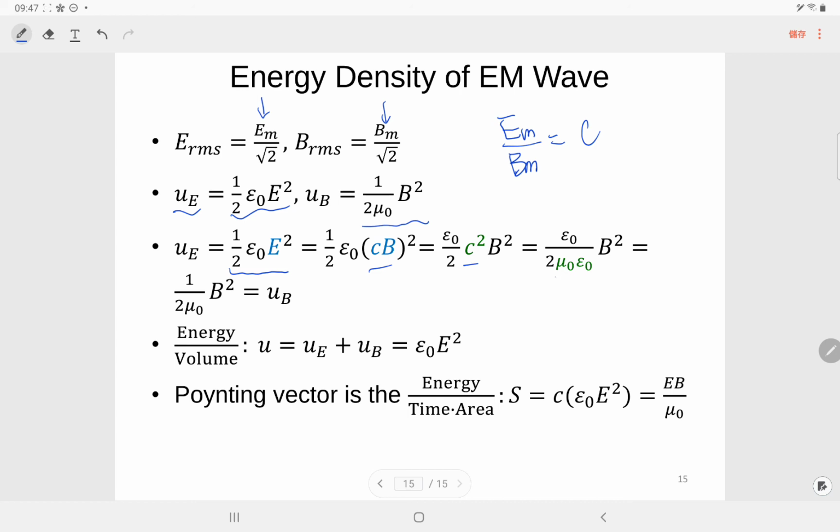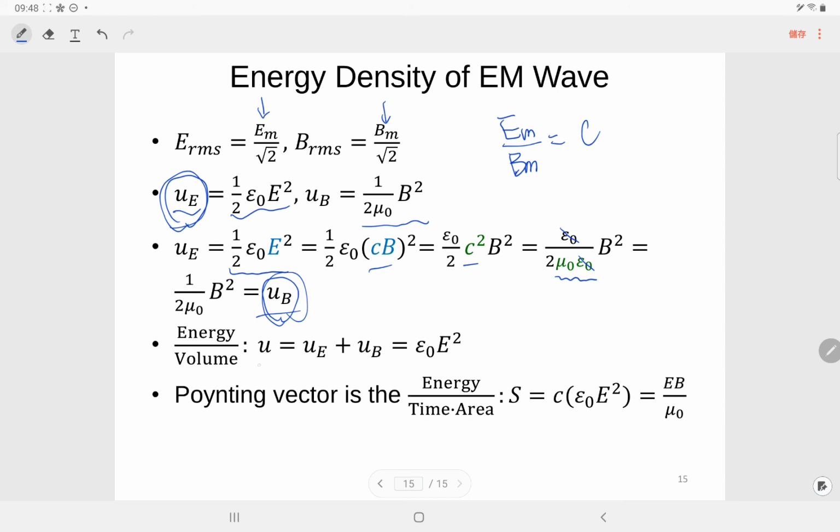So epsilon naught can be cancelled. So finally it becomes B squared over 2 mu naught, which is nothing but UB, which means that the energy stored in the E field and the B field for the EM wave should be the same.